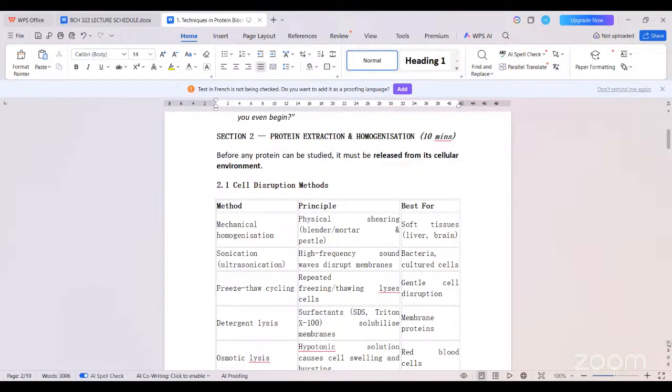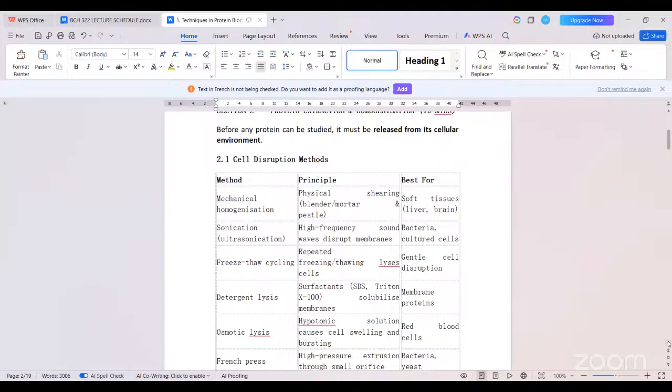So the scientist or the researcher must have studied at length the protein of interest to know the conditions that are favorable and the conditions that may be unfavorable. So the first method is mechanical homogenization using a blender or mortar and pestle. And this is often used for soft tissues like the liver or the brain.